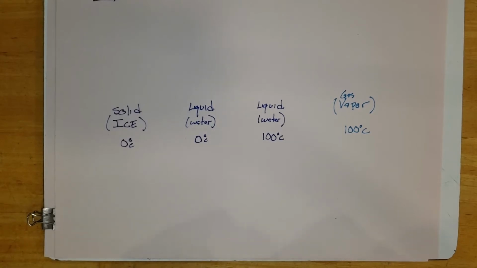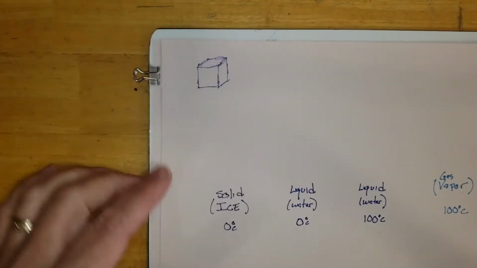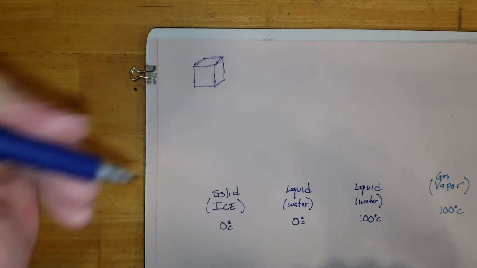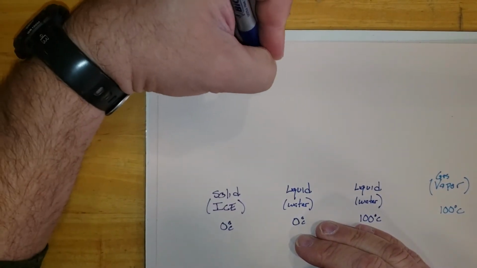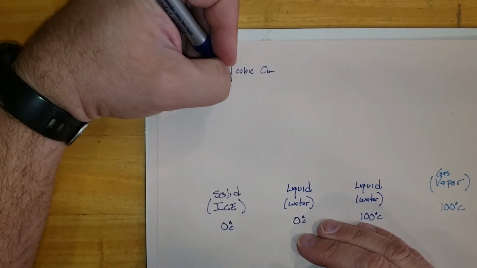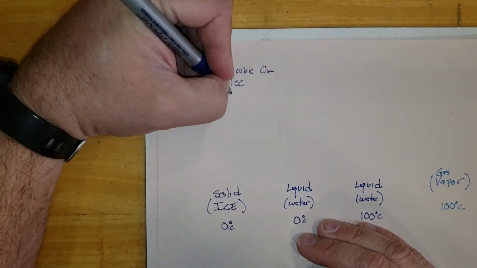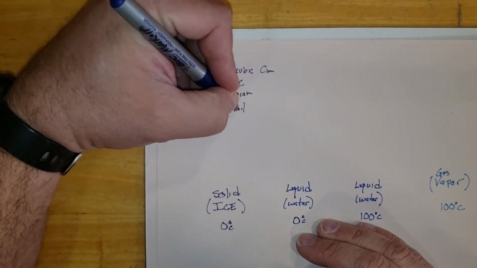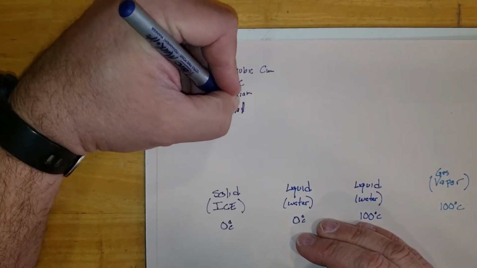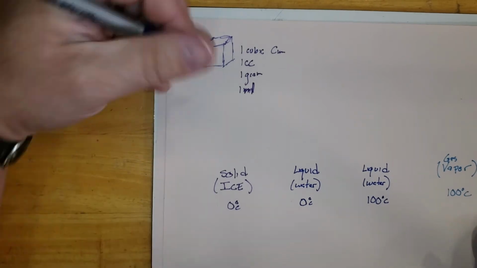Okay. Now, in order to change our 1 gram of water, that would be 1 cubic centimeter, or 1 cc, or 1 gram, or 1 milliliter, ml, good, 1 milliliter of water.